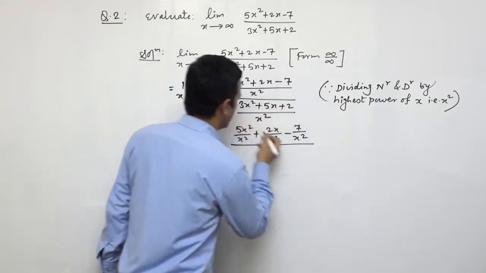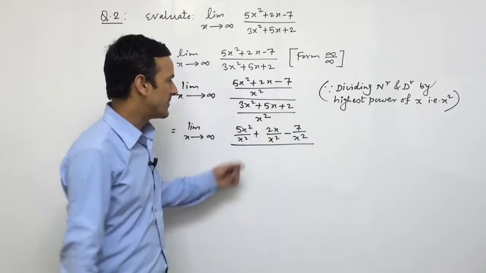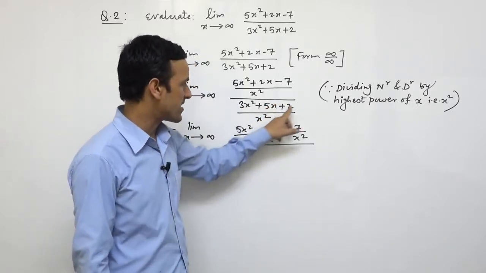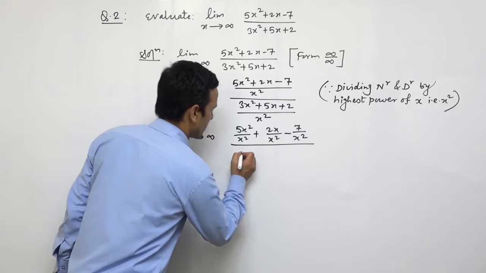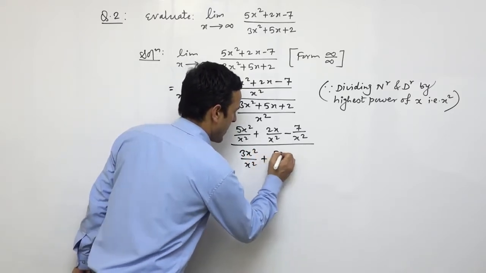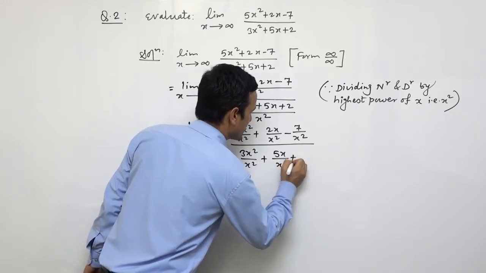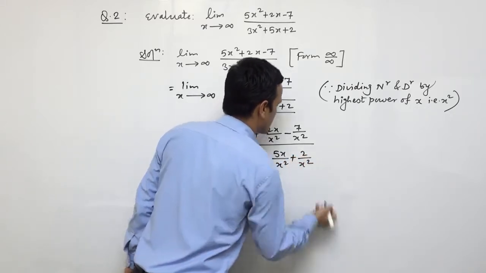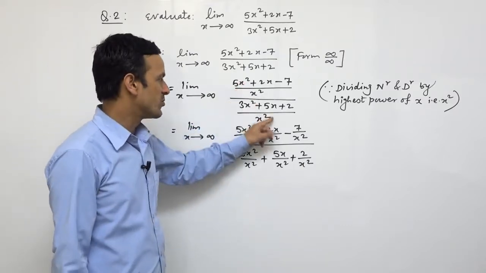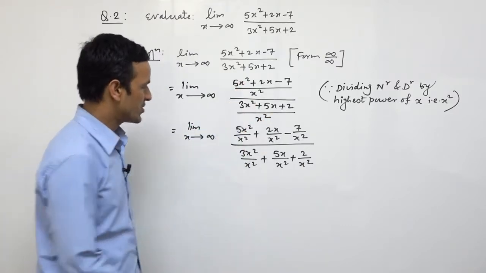And similarly in the denominator also, this upon this plus this upon this plus this upon this. So write down 3x square divided by x square, 5x divided by x square, 2 by x square. So after separating in numerator and denominator, this will be the expression.